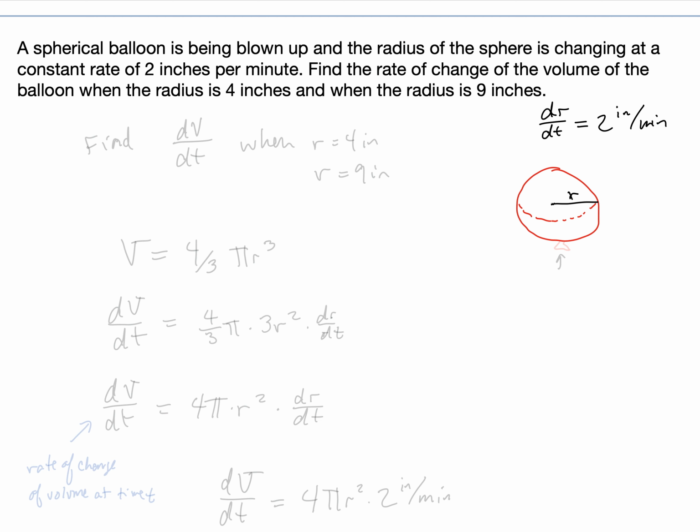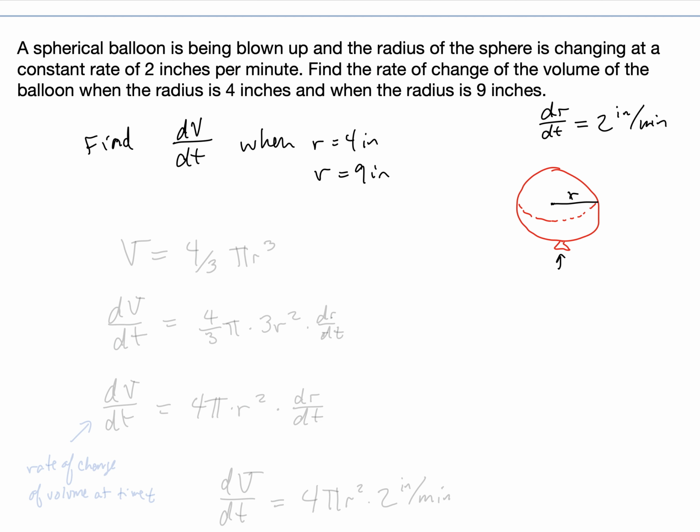So this balloon is being blown up, and the question is, what is the rate of change of the volume? So we want to find dV/dt when the radius is 4 inches and also when the radius is 9 inches. So we want to find it at those two moments in time.